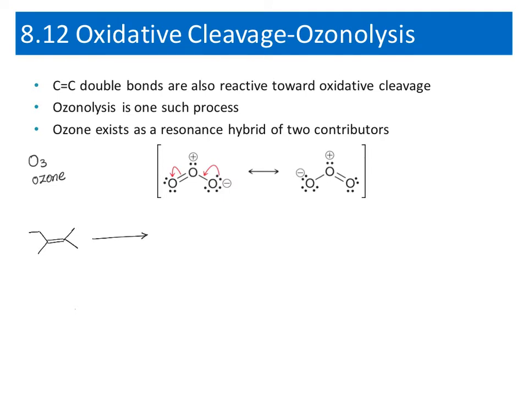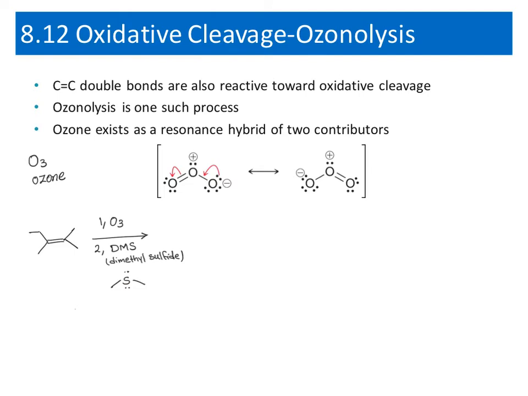In the first step, we are using the ozone molecule, and in the second step, we are going to use dimethyl sulfide. Here is the structure of dimethyl sulfide. We have 2 methyl groups connected to a sulfur atom.